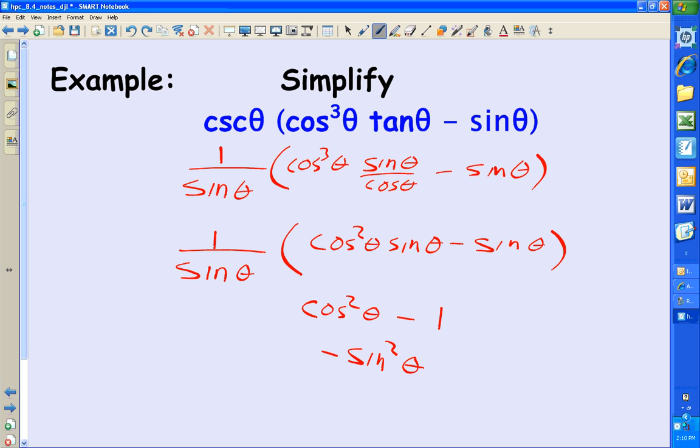How did you get sine squared theta? It's an identity. Cos squared plus sine squared equals 1. Cos squared minus 1 equals negative sine squared.